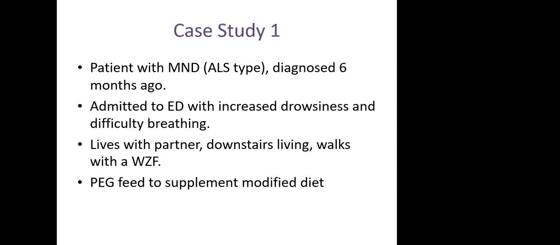It's the ALS type. They've been admitted to ED with increased drowsiness and difficulty in breathing. They live with a partner, they've got downstairs living, and they're walking with a Zimmer frame. They have a PEG feed, which supplements a modified diet. So they are eating, but not fulfilling all their dietary requirements with that.